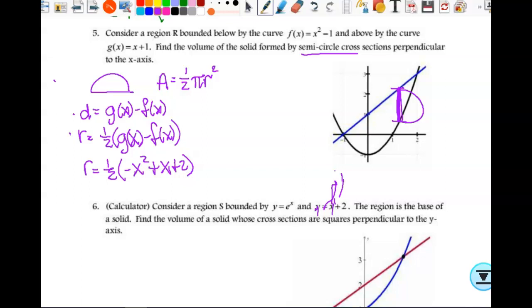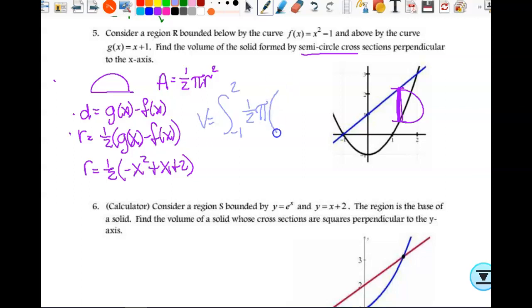So then when I take the integral here, I'm going for volume, I'm going to integrate from -1 to 2. The area is 1/2 times pi times the radius.